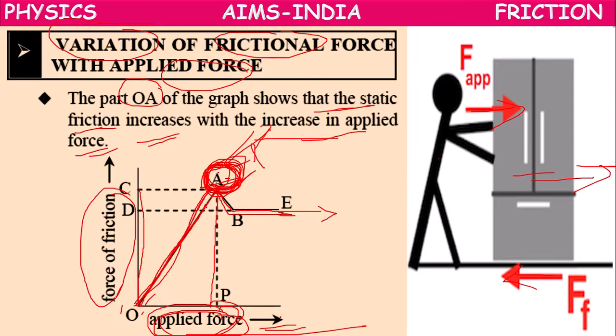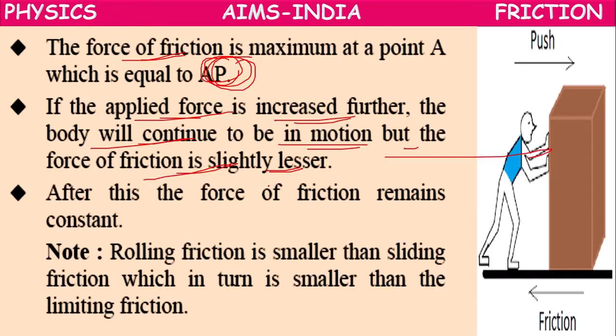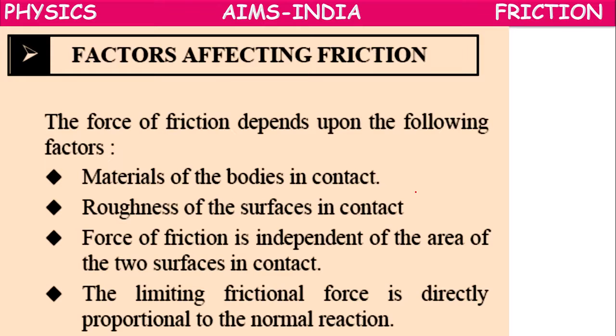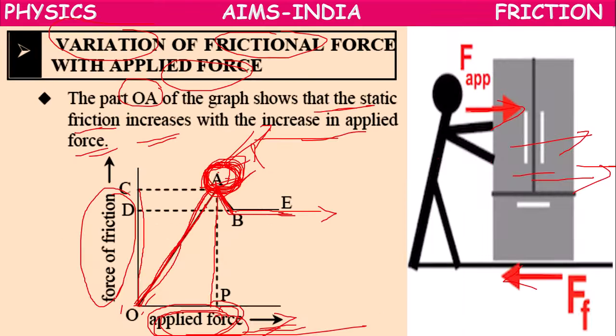If you go on increasing the applied force, the refrigerator will start moving, but the frictional force reduces to B. After that, if you go on applying force, the frictional force will become constant without any change, and the body will start moving constantly.